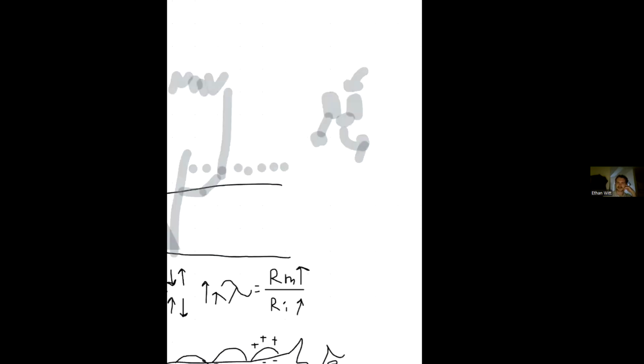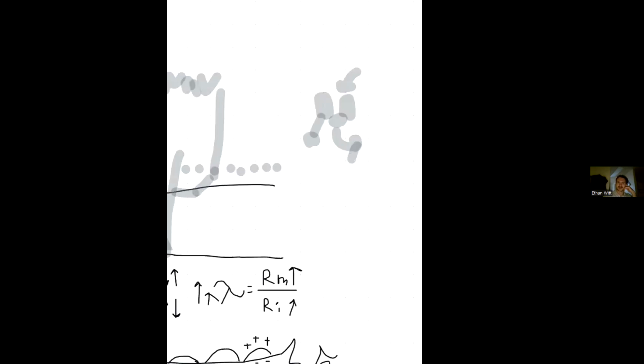And that's what causes all of these positively charged sodium ions to flow inside of the cell. And so we are up and away from our resting membrane potential. We are far from negative 70 millivolts.